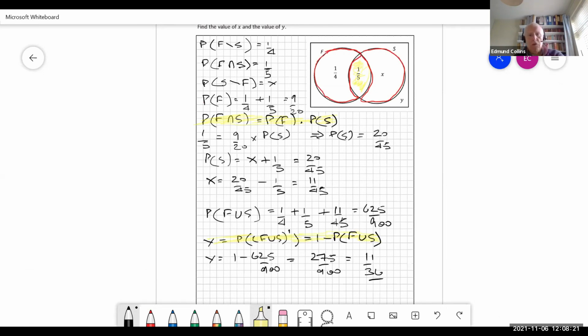The rest of it really was just a matter of working through the Venn diagram, doing the calculations, but a nice little problem, and I think it summarizes a lot of what we've been looking at in the tutorial, certainly the second half of the tutorial.